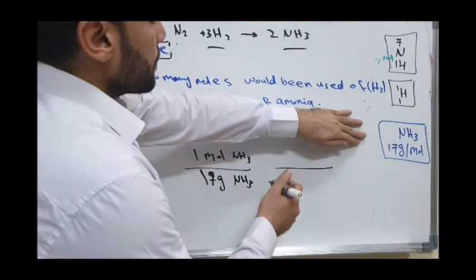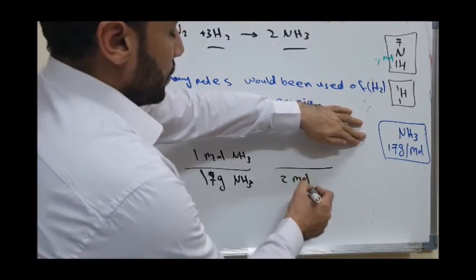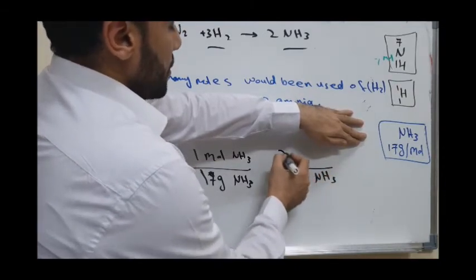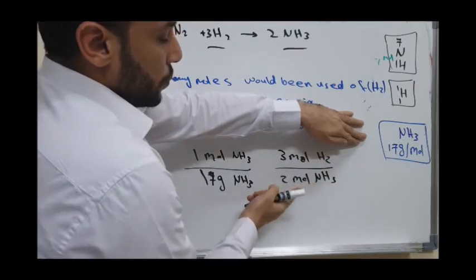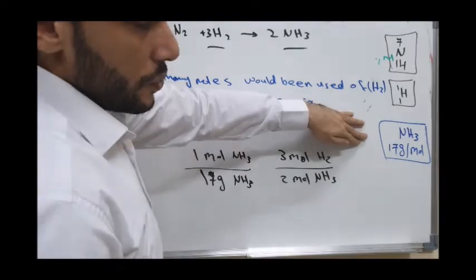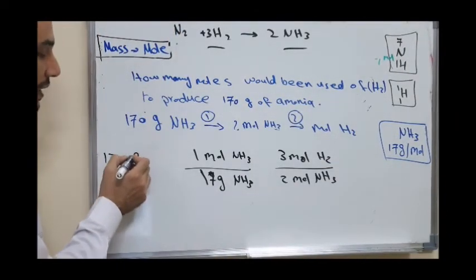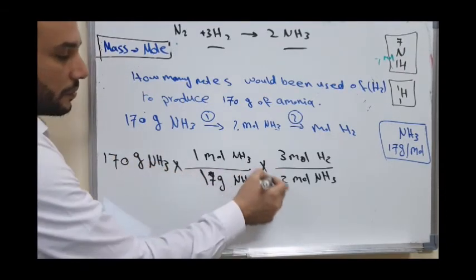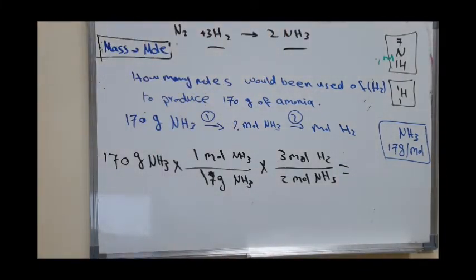So to produce 2 moles of ammonia, we have to use 3 moles of hydrogen. Now we can write the numbers and multiply the first conversion factor by the second one, and we can calculate easily.